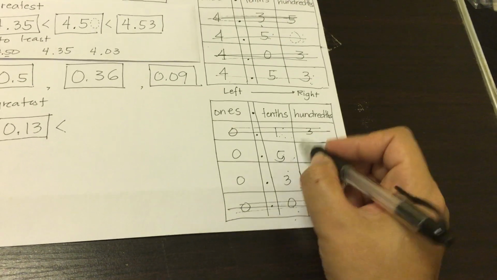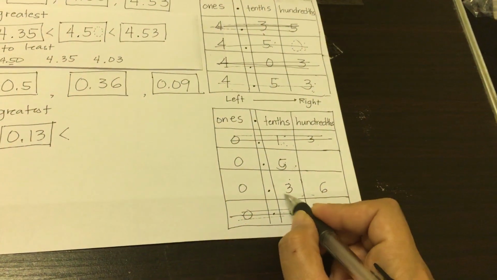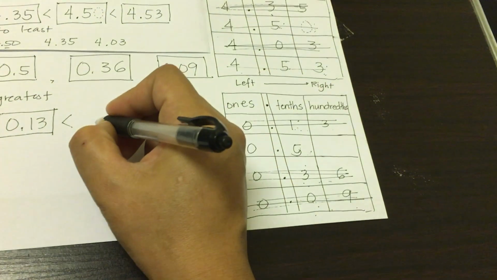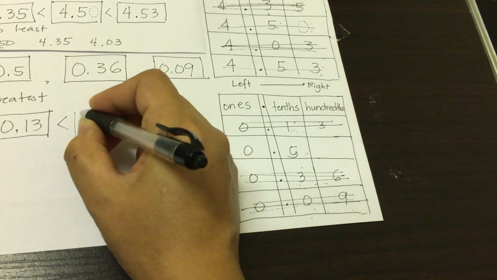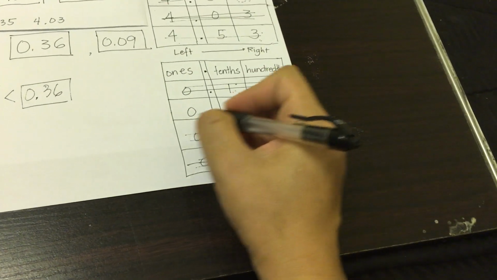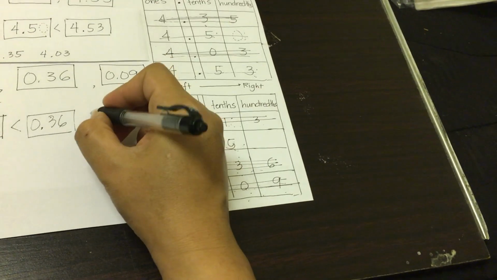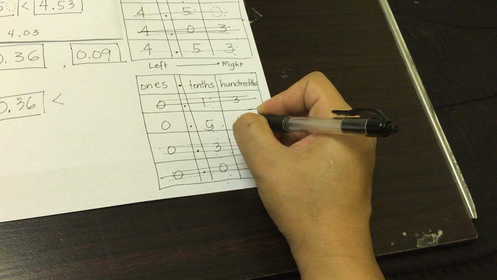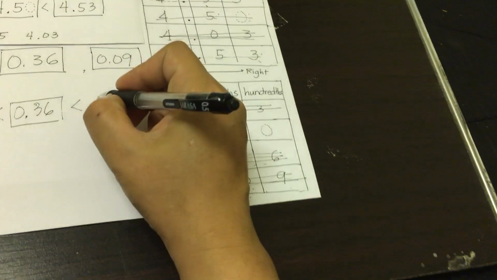So which is smaller? So 3 is next to 1. So 36 hundredths is the next number. So we write here 36 hundredths. And it means 0 and 5 tenths is the biggest. Because remember, if we don't have a number here, it means 0. So it means 50 hundredths.